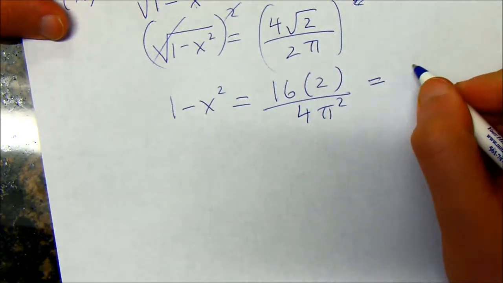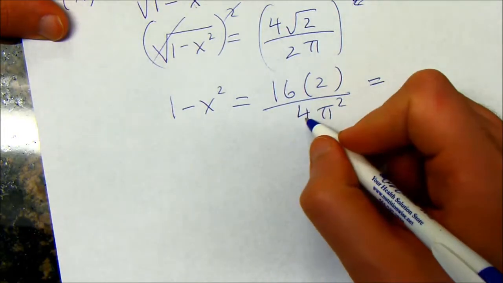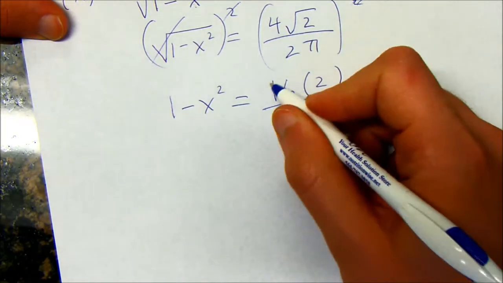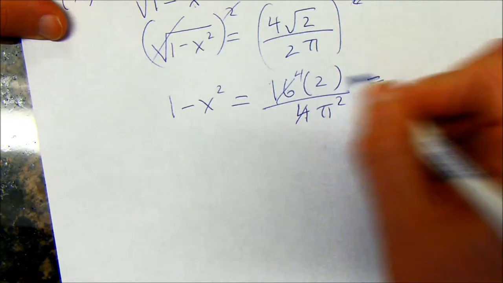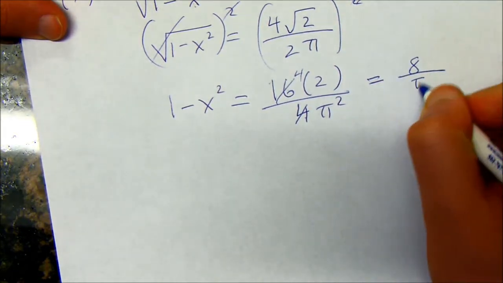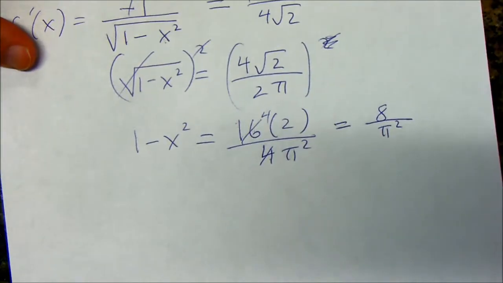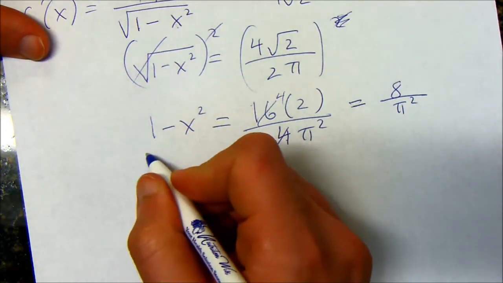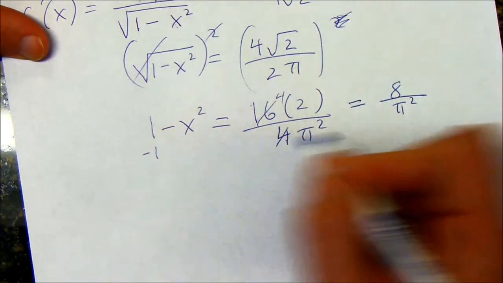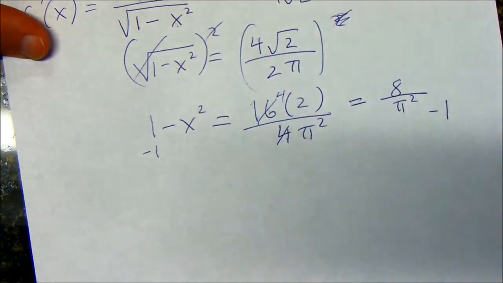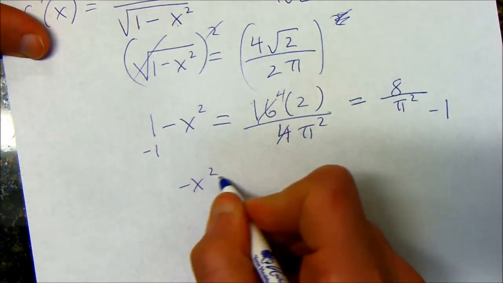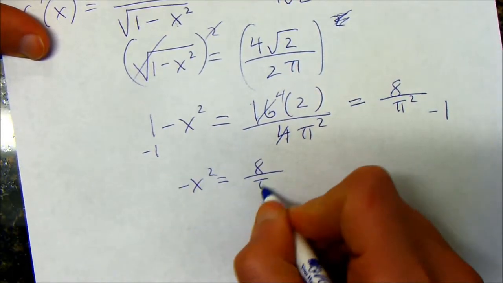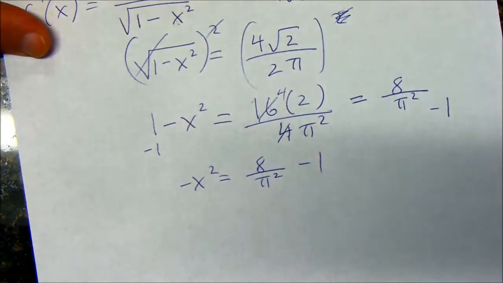This is the same as 16 over 4 is 4, so this reduces to 4. 4 times 2 is 8 over pi squared. Okay? So now let's subtract 1 from both sides. So I have negative x squared is equal to 8 over pi squared minus 1.